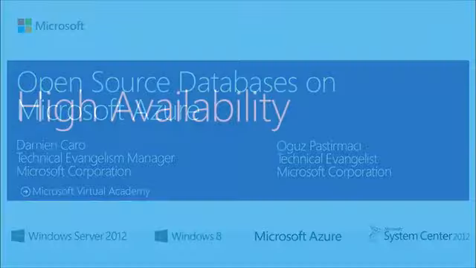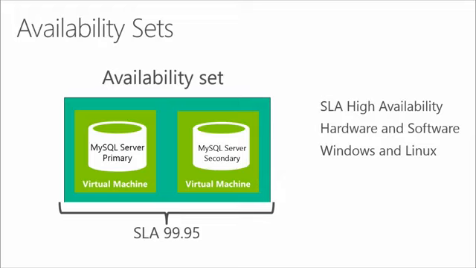So we have a thing called availability set. If you check our SLA agreement, you can see that we are asking you to use at least 2 virtual machines per application. And the reason behind that is from time to time, because we are doing maintenance inside our data centers, we need to restart our physical servers.